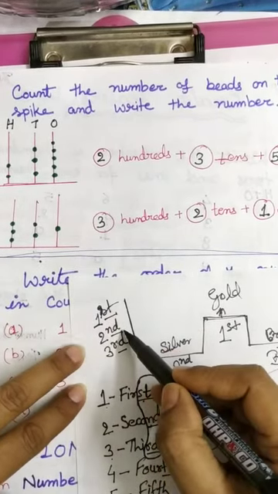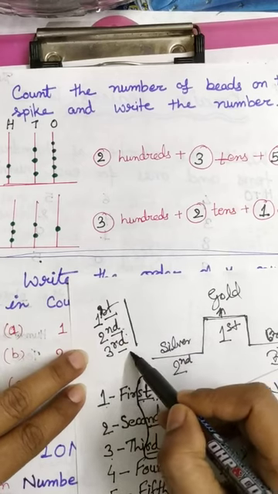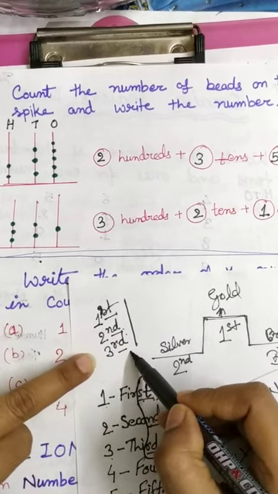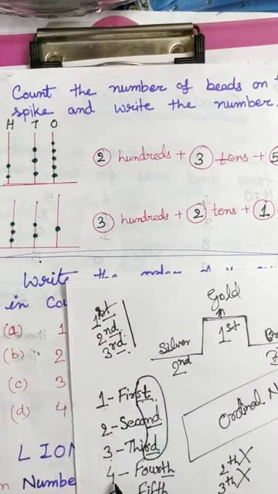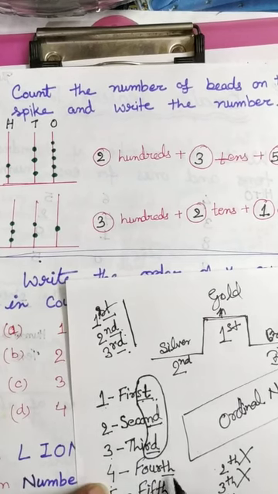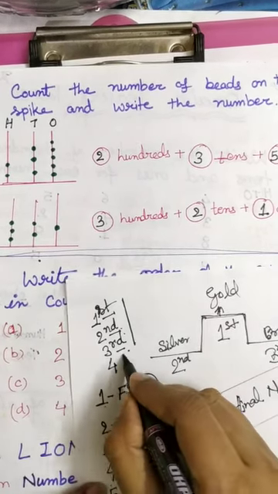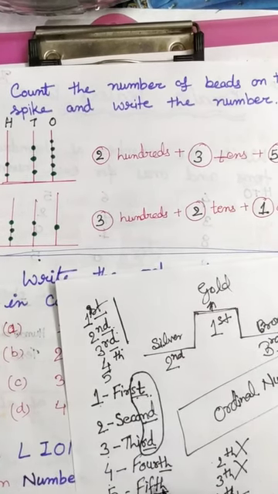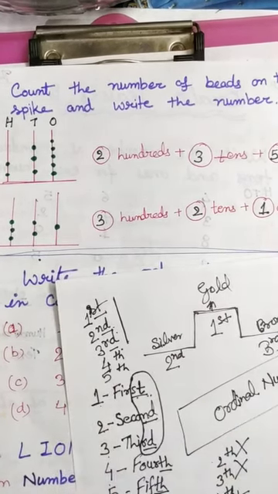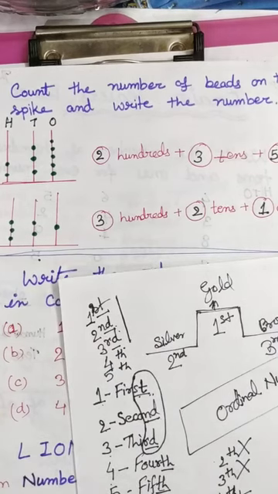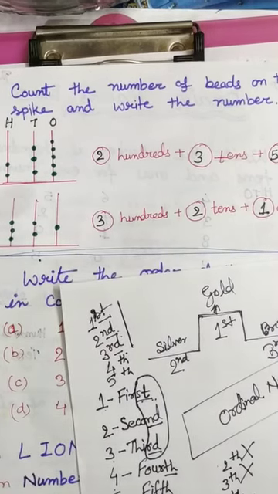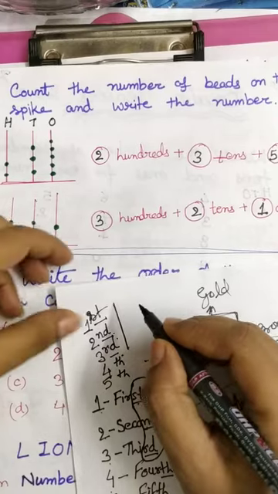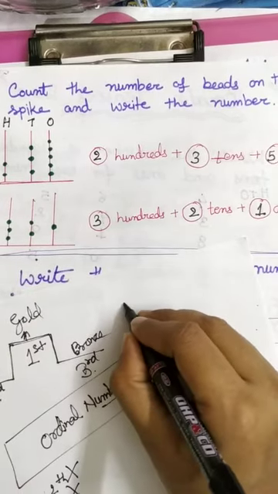First like this, second you will write like this, third you will write like this. Okay, it's not TT. And fourth, see that, fourth TH, 4 TH, fifth 5 TH, like this.